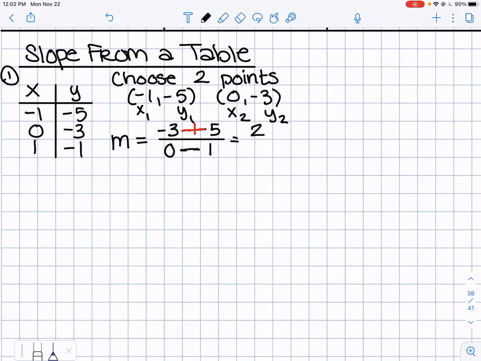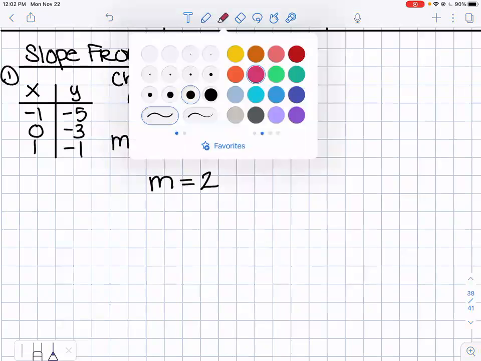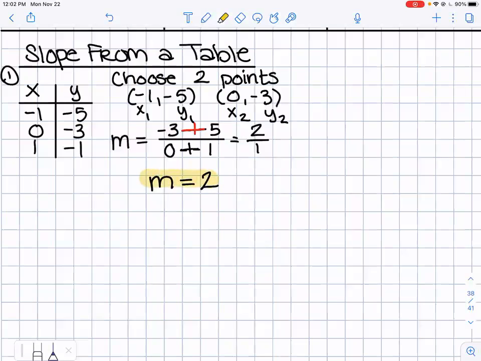Okay, same thing here. 0 plus 1. So what's my slope? 2 divided by 1. 2. That's your answer. Okay, so the slope is just 2. That's all you have to be able to do today, guys. Not too crazy.